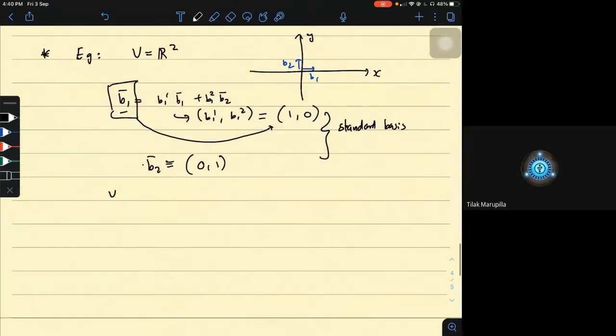So thus I can write the V belonging to say R square. I can write it as a combination of V1 B1 plus V2 B2, and this can be likewise written as V1, V2, as this is 1, 0 and this is 0, 1.